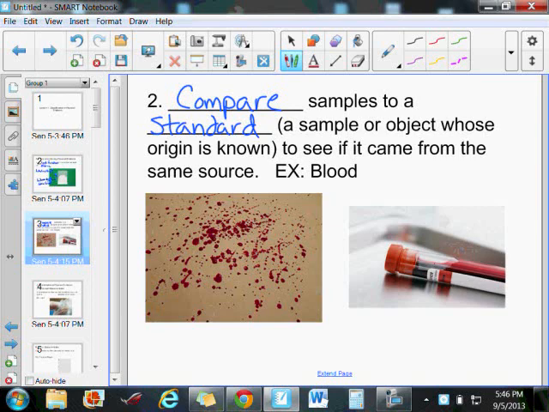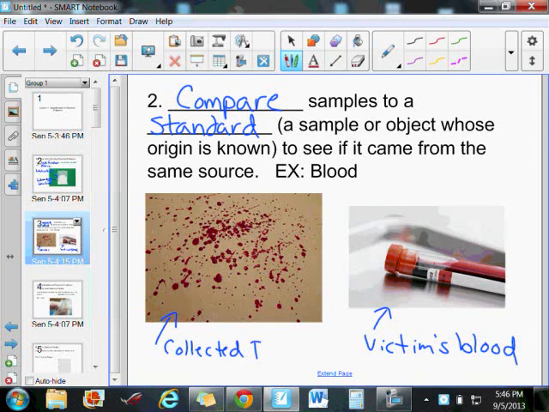So for example, let's say that we collected a blood sample from the victim, and we had some blood spatter on the wall. And what we can do is compare them to see if this blood spatter on the wall came from the victim.